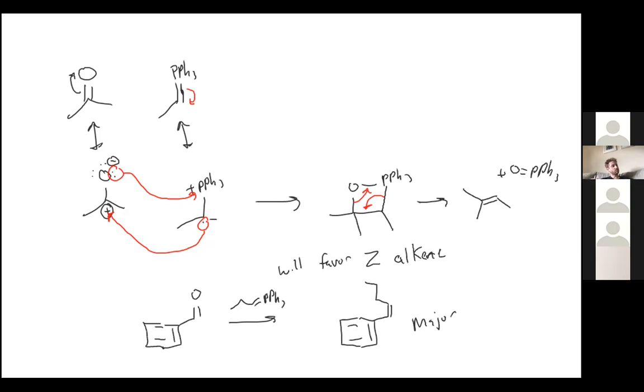All right, we have one more reaction to talk about, and then we will be done with new material for this exam. And that is a reaction called the Baeyer-Villiger oxidation.